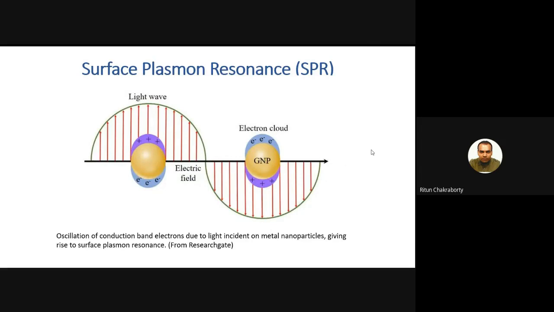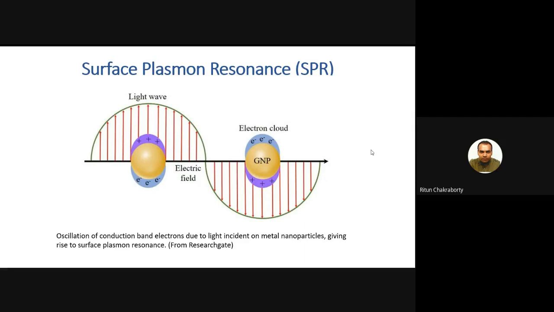What we do in UV visible absorption spectroscopy measurements, if I tell you quickly, is we take the gold nanoparticle sample in a cuvette. A cuvette is a small vessel made of quartz generally. We put it in the instrument at a particular place, and then we start the instrument, and a wavelength scan is done.